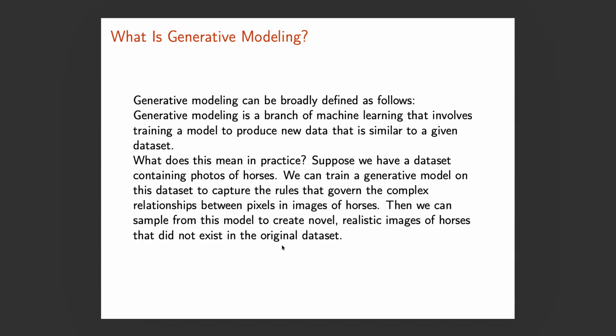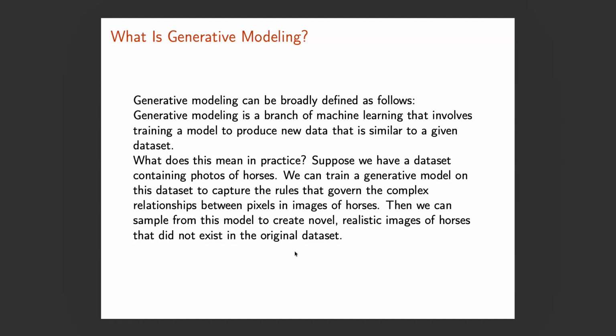So, generative modeling is an important branch of machine learning that involves training a model to produce new data. So what it means, suppose you have a data set containing photos of horses. Then you can train a generative model on this data set to capture the rules that govern the complex relations between pixels and images of horses. Then you can sample from this model to create new realistic images of horses that did not exist in the original data set.